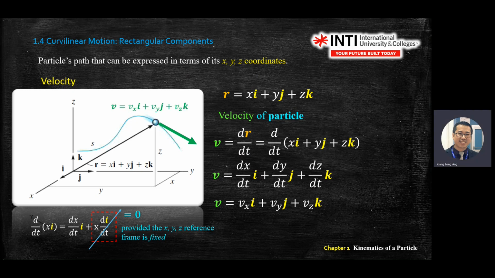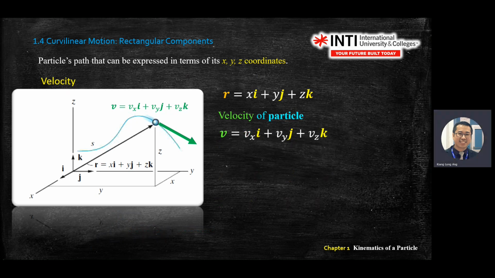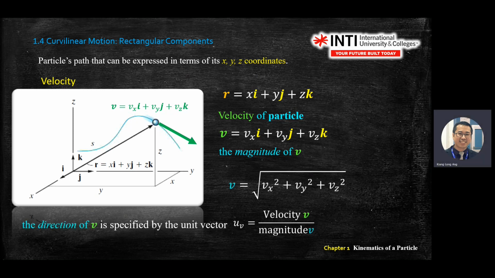Then on your diagram, always write the vector form: v equals something i, something j, something k. Then the magnitude: how to find the magnitude just now? This one squared, this one squared, this one squared, square root. How to find the direction? Position divided by magnitude. Okay, good. Excellent.